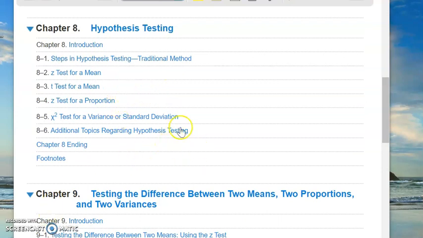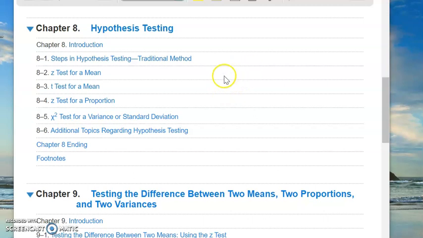And I recommend write this down in your notes. Chapter 8, we are comparing a sample to a population. So that's the example the author used, where you take a sample of kids from one high school, and you can take that sample and you compare them to the entire population of all the high school students in the country.